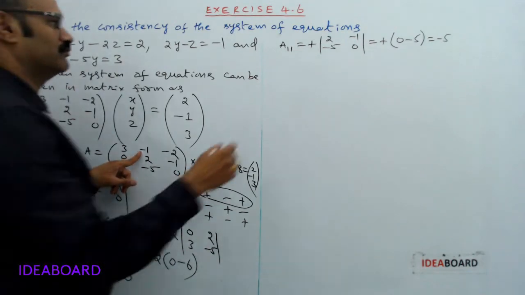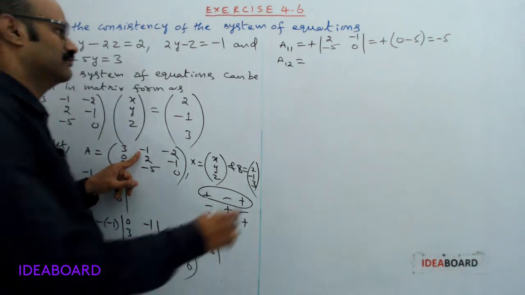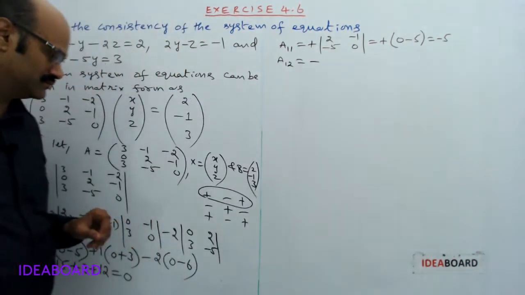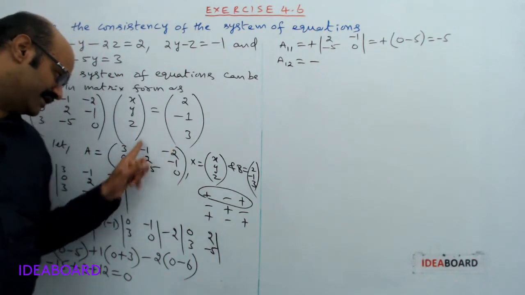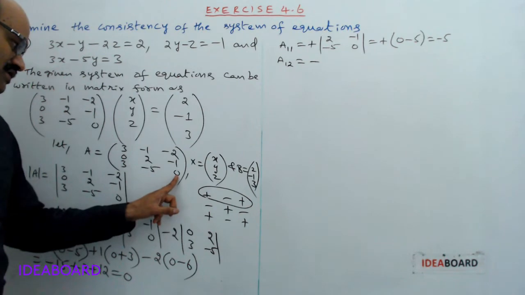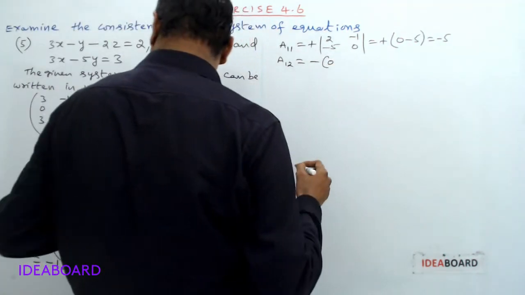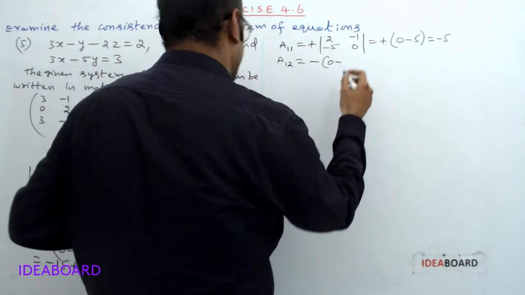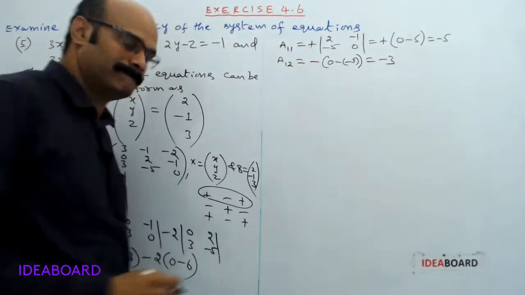Next A12 equal to minus of, minus 1 lies in first row and second column. So we have to take these 4 elements: 0 into 0, 0, minus of minus 3. So 0 minus minus 3 equal to minus 3.